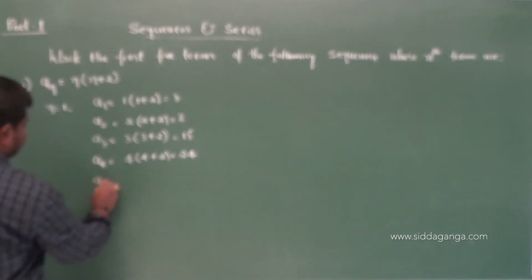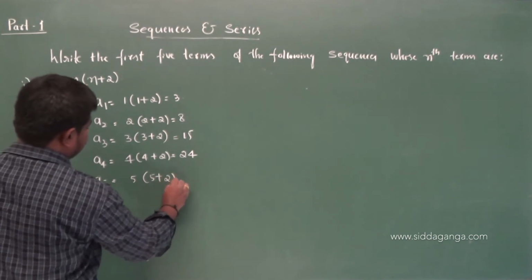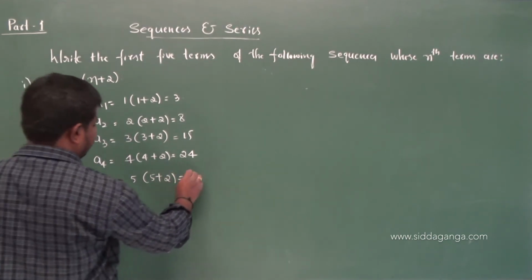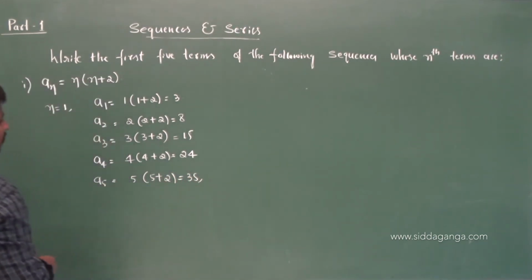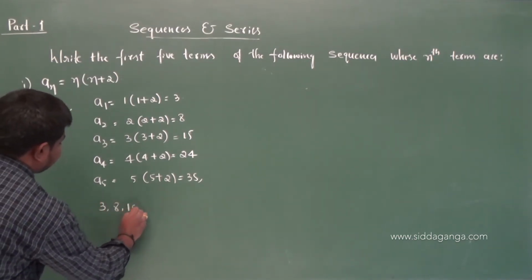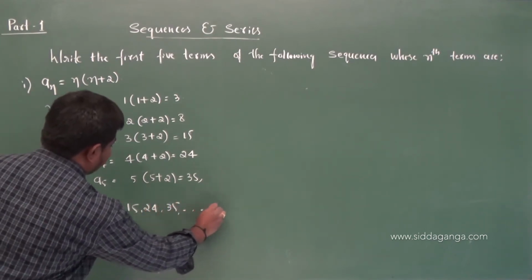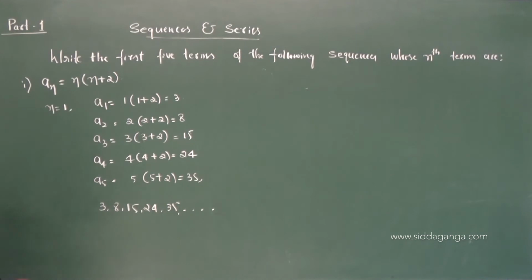And a5 is 5 into 5 plus 2, that is 35. So the first 5 terms of the sequence are 3, 8, 15, 24 and 35.